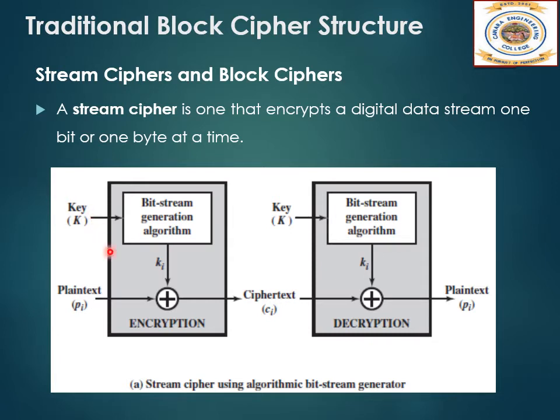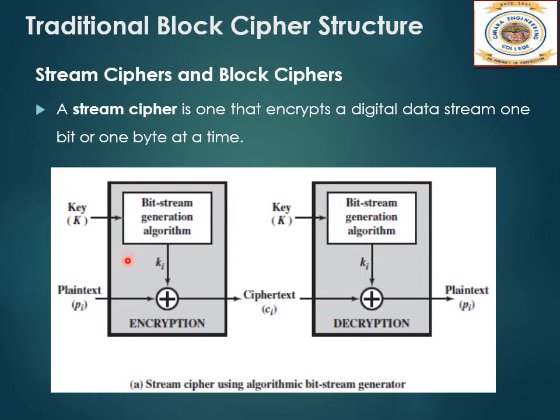So here in this figure you can see a bitstream generation algorithm. The bitstream generator is a key-controlled algorithm and must produce a bitstream that is cryptographically strong. Now the two users need only share the generating key and each can produce the key stream.